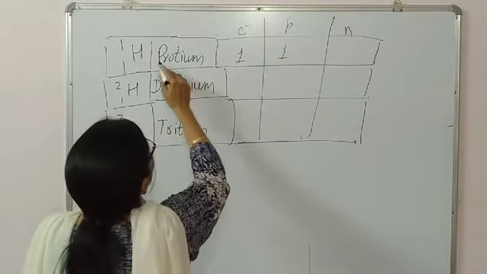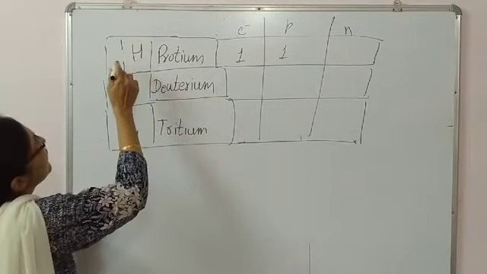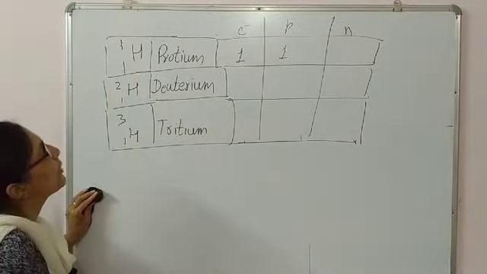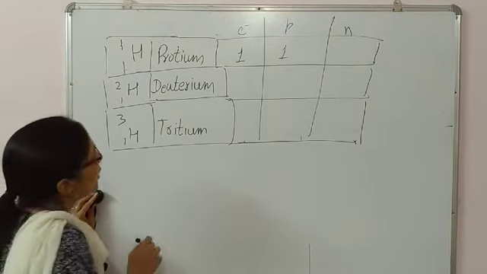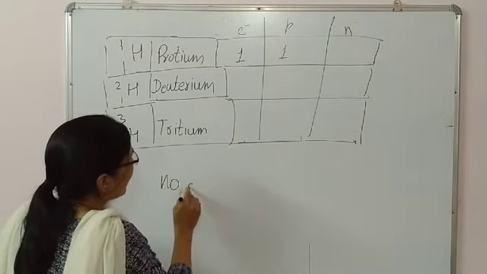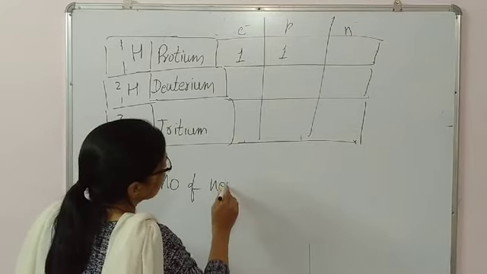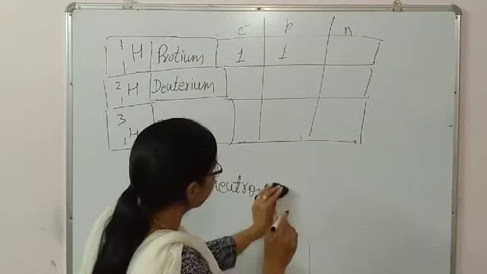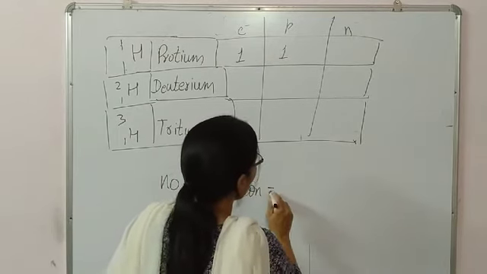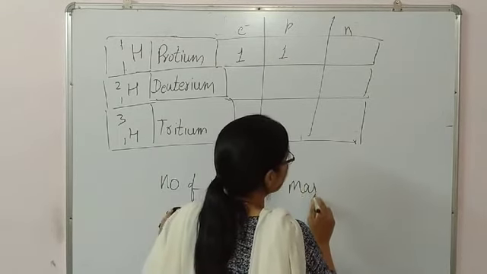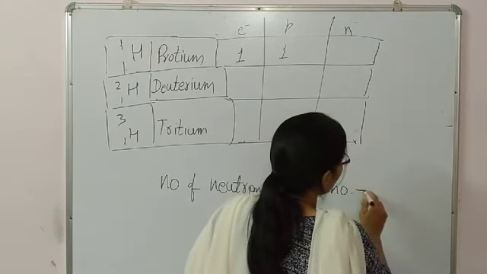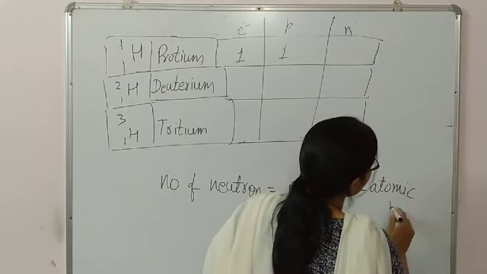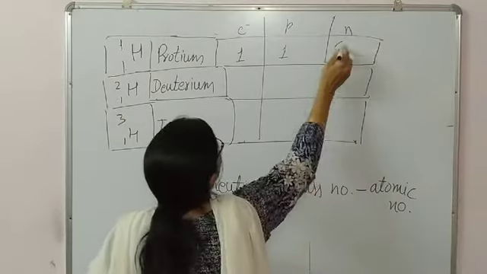Then for this, number of neutron will be above digit mass number minus atomic number, is equal to number of neutron. So number of neutron is equal to mass number minus atomic number. So it will come as 0.